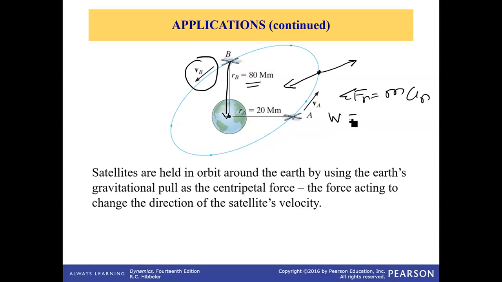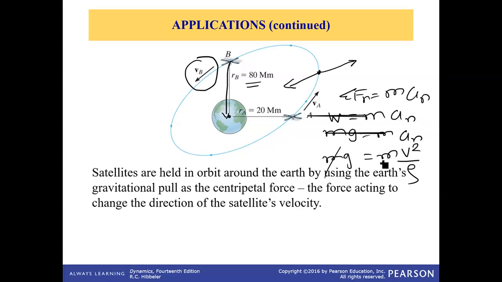So W is equal to m an. Now W is mg, so mg is equal to m an, and an depends on v squared divided by radius of curvature, so mg is equal to m v squared divided by radius of curvature.